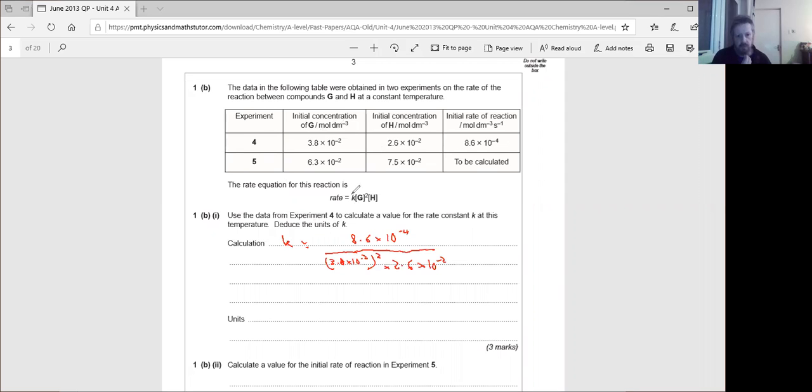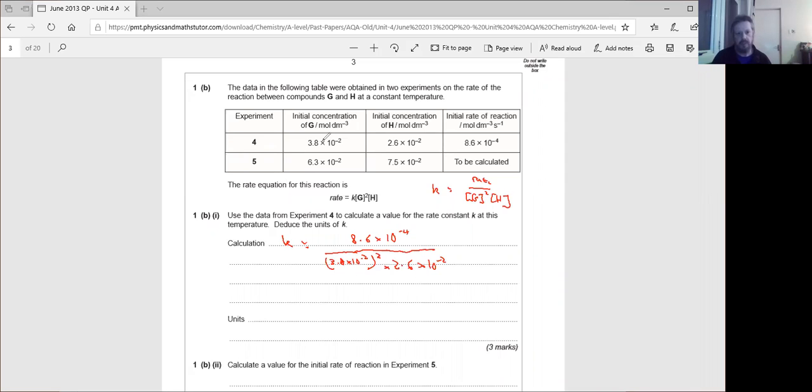So all I've done is I've rearranged this to give K equals rate over G squared for experiment 4 times H for experiment 4. And I put the numbers in. Hopefully I put the correct numbers in.